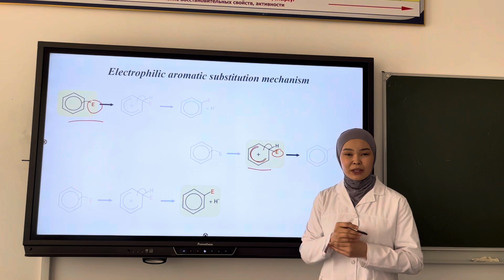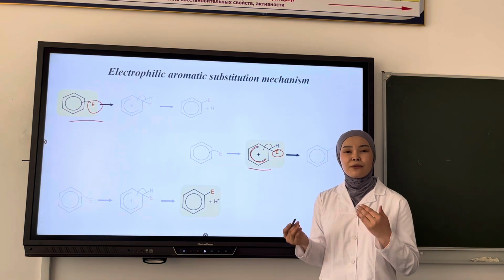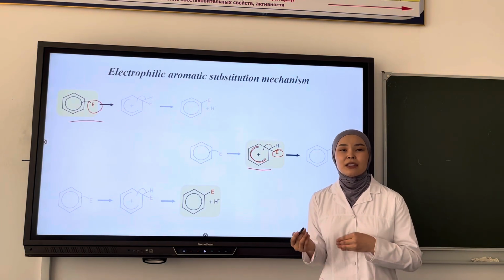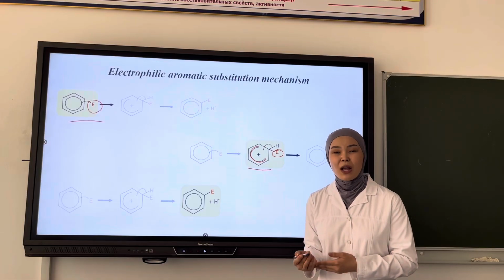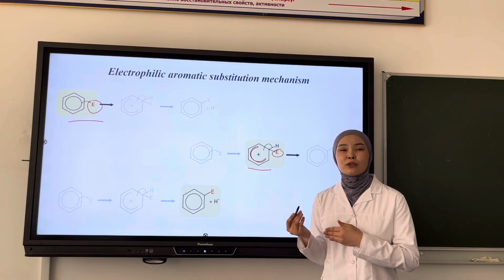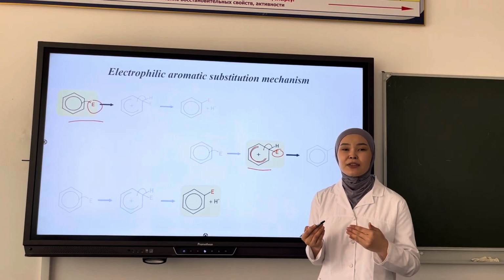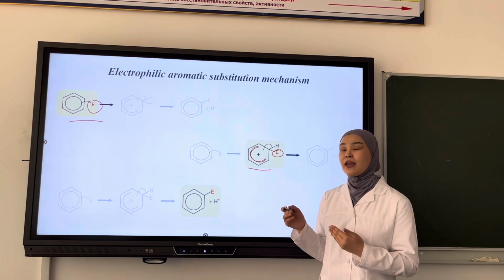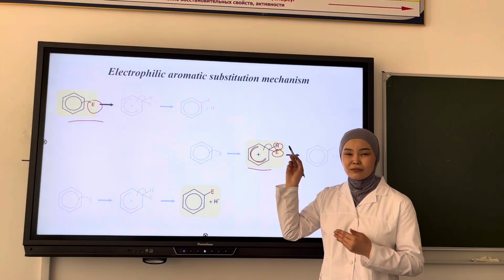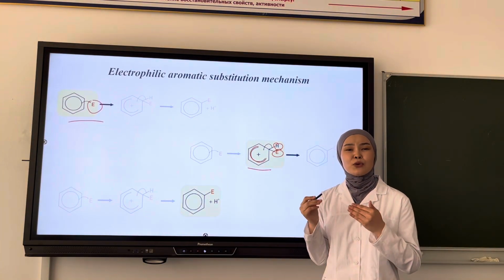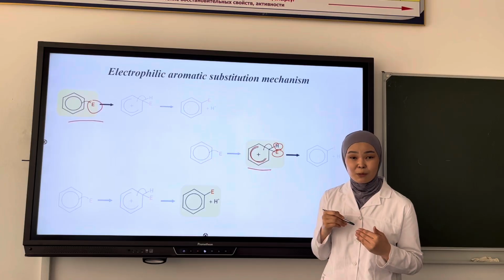The benzene ring wants to reform its delocalized pi system, as this would be a lot more stable. It does this by losing the hydrogen that's attached to this carbon.